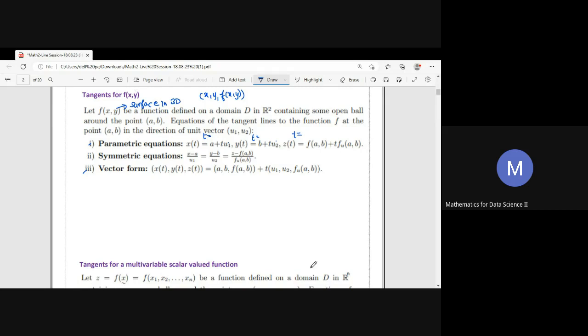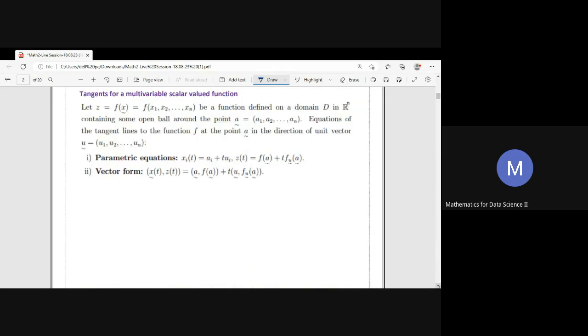And when it is for any n variables, this is the general form you are having. So this is the equation of tangents. Remember, suppose you have a function of three variables x, y, and z, then how do you write the parametric equation? It will be with some other variable, maybe w of t or u of t, or some other function name, f of t or whatever.